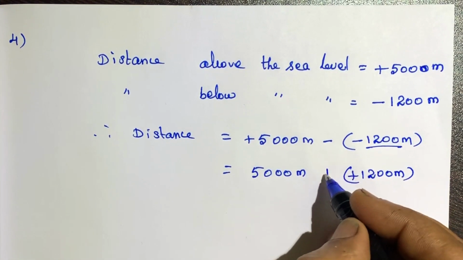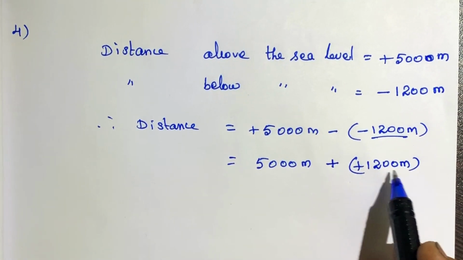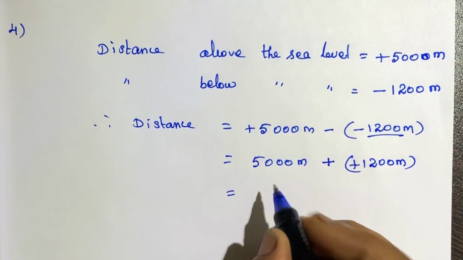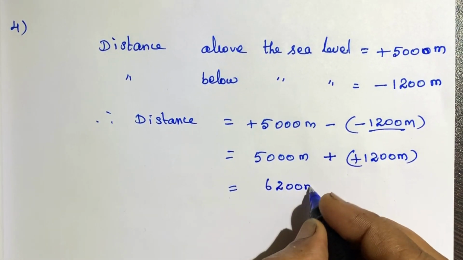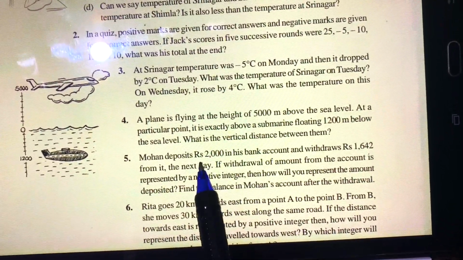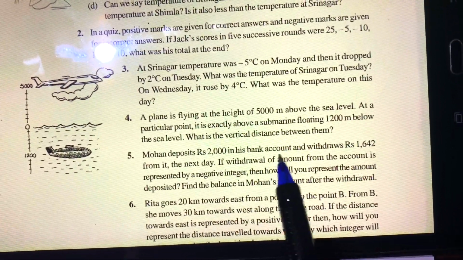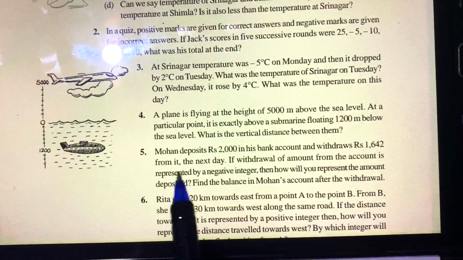Here obviously we are putting a plus sign. So 5,000 plus 1,200 only it's coming. So 5,000 plus 1,200 is 6,200 meter.